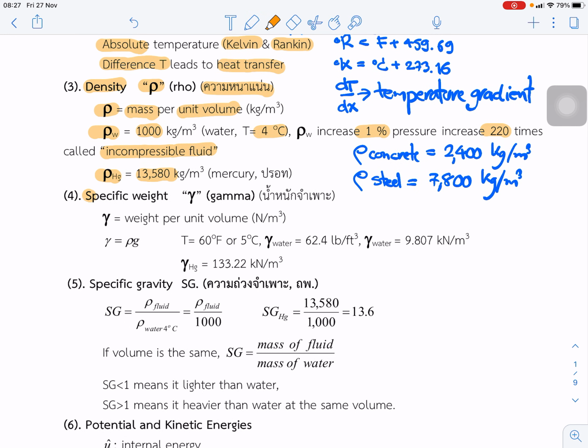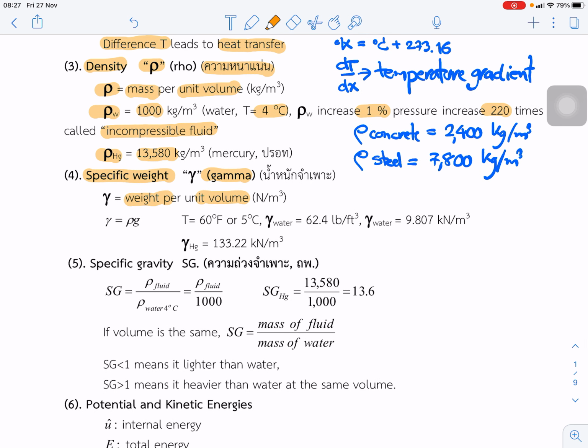The next parameter is specific weight. We use gamma to represent specific weight. Specific weight is the weight per unit volume. So we just multiply the density by g to convert from density to weight.